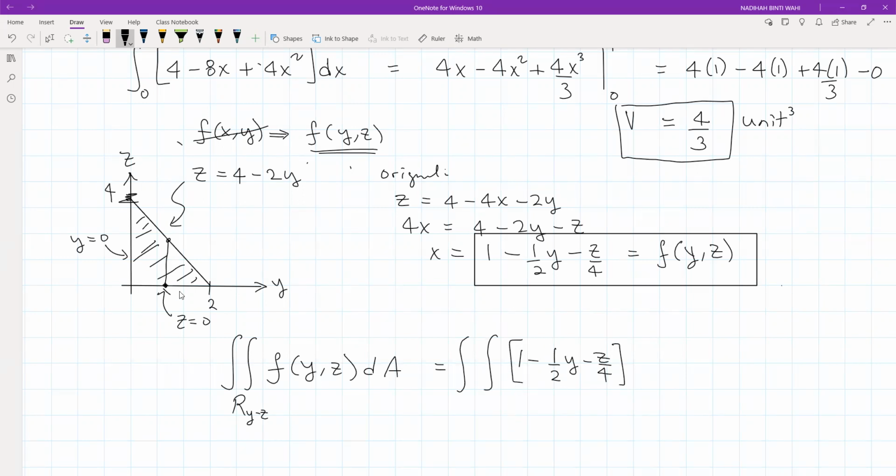Okay, since we are integrating z as the inside, this starts from z equals 0 to z equals 4 minus 2y. So therefore, the inner integral will be integrated with respect to z. Okay, so the outer integral will be y from 0 to 2, dy.